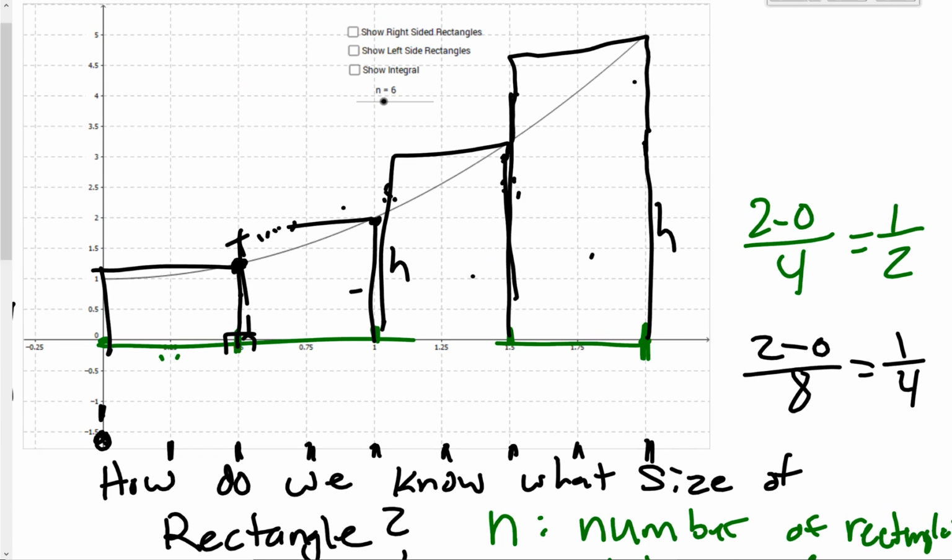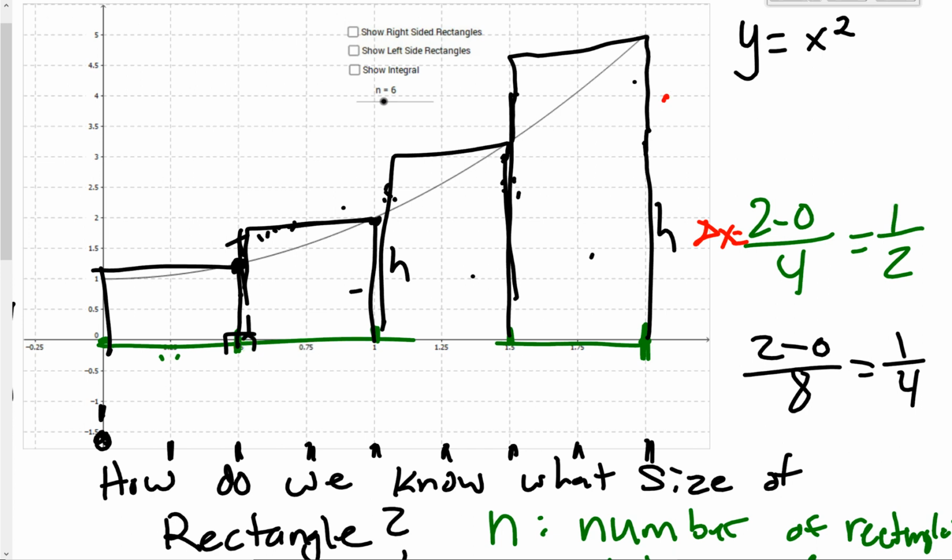Here we have our equation y equals x squared, and we want to find the area underneath this, bounded by the y and x axis. Depending on how many rectangles we have, we want 4 here, so that's where we do our change in x. So change in x equals 1/2.